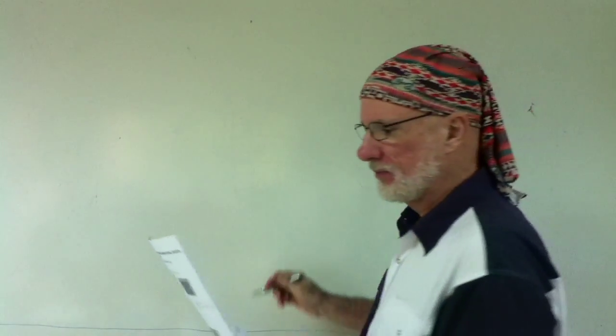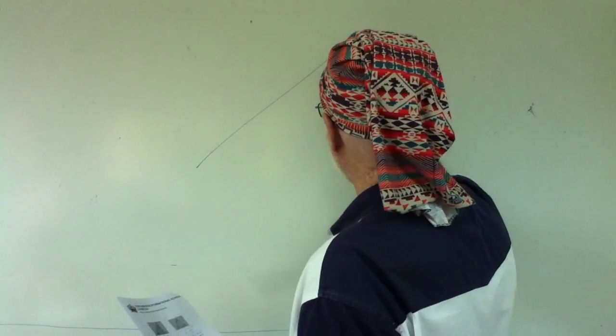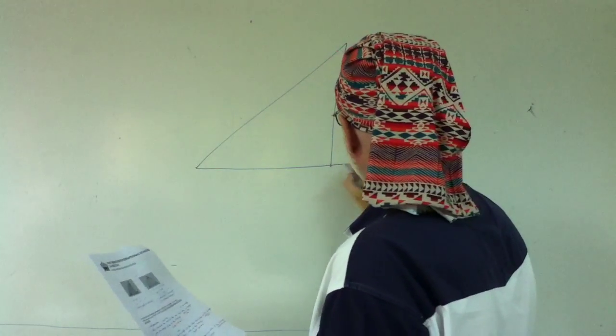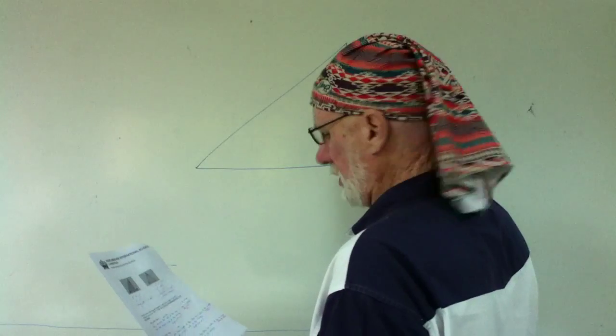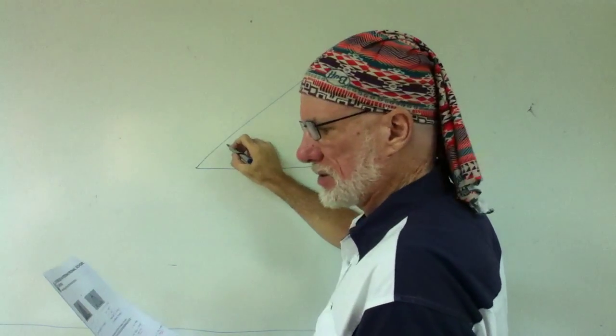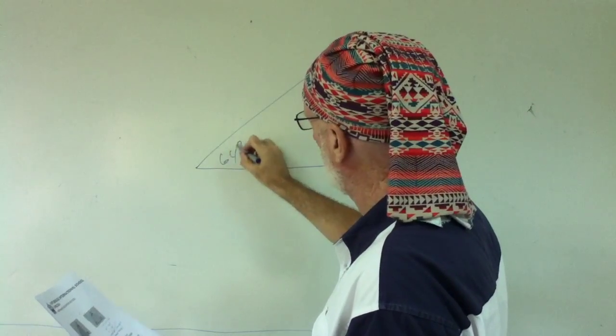The next one is, if I have this, right? Now this is not, it looks like it might be, but this is 89 degrees, right? This is going to be X, and this is going to be 64.